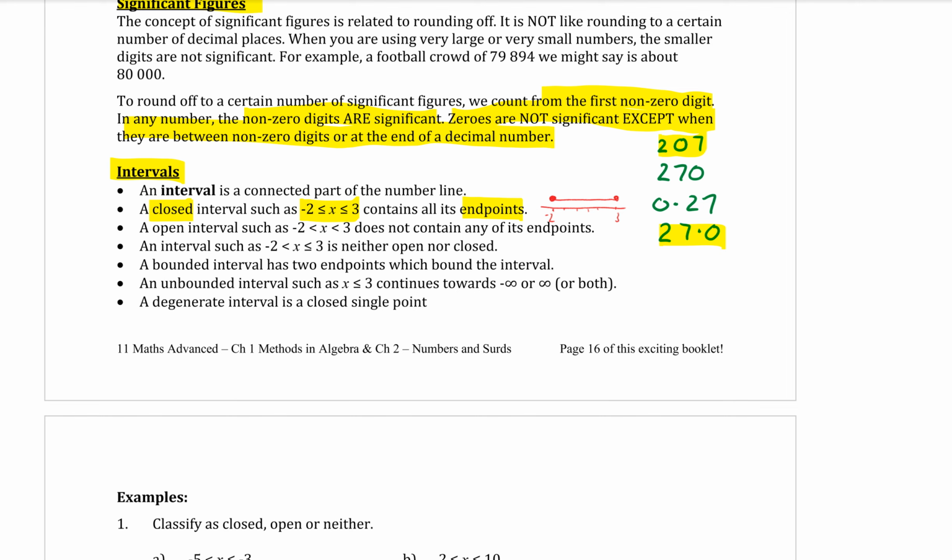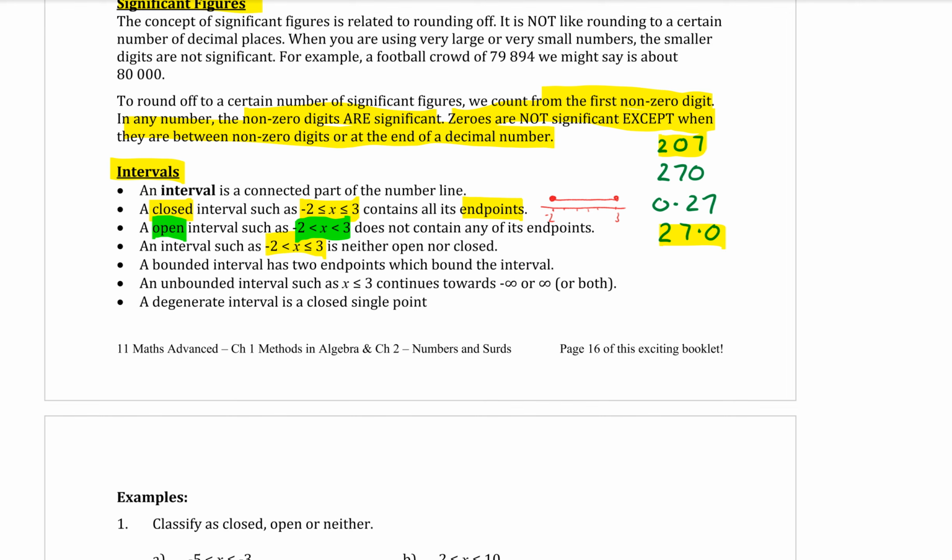So hopefully it follows that an open interval is going to be the ones that do not have any of the equal signs on those inequalities. So the less than signs are in there, because they're the open circles, open interval. An interval like this one, -2 is less than x, which is less than or equal to 3.